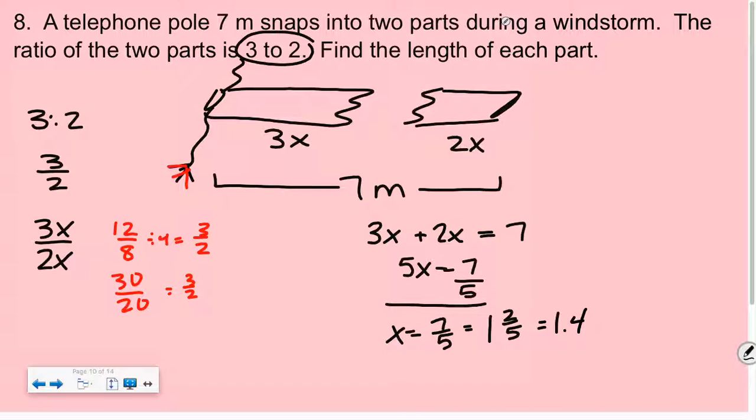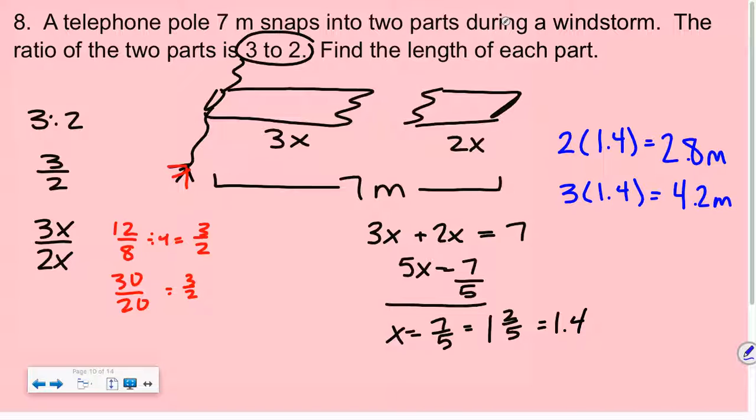They want us to find the length of each part. Is 1.4 the length of each part? No, what do I have to do? Plug it back in. So if I go into the shorter one, 2 times 1.4, 2.8. The longer one, 3 times 1.4, 4.2 meters.